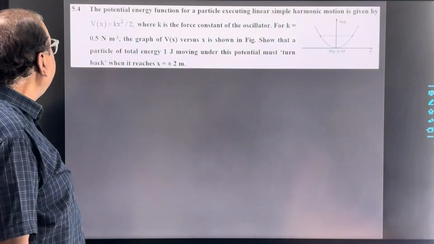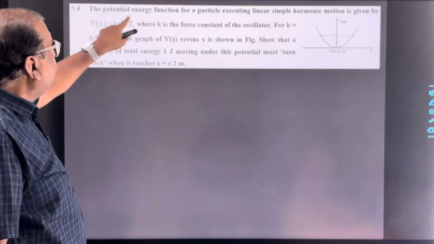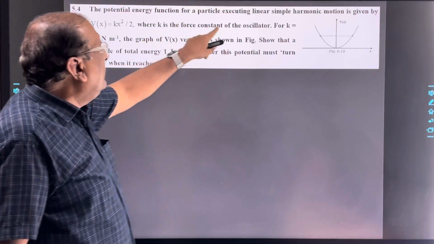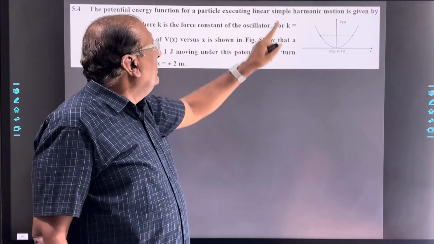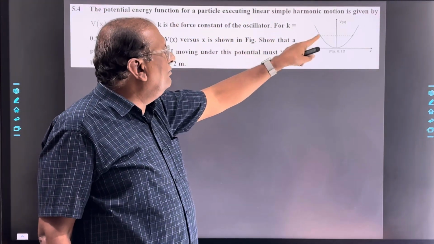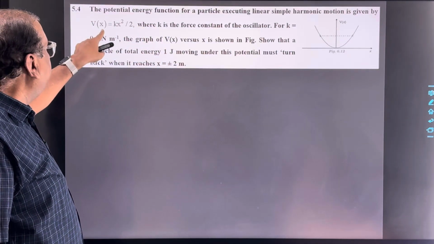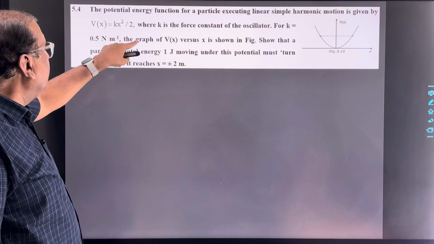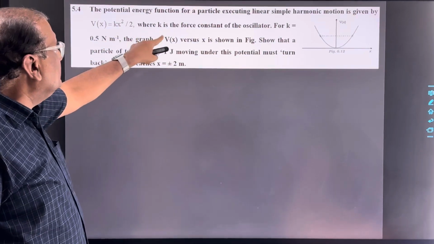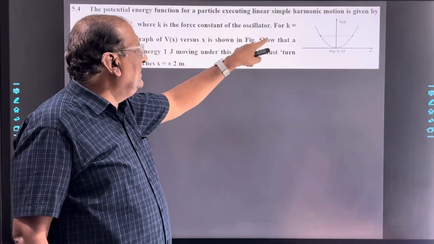Example 5.4. The potential energy function for a particle executing linear simple harmonic motion is given by V(x) = 1/2 kx², where k is the force constant of the oscillator.